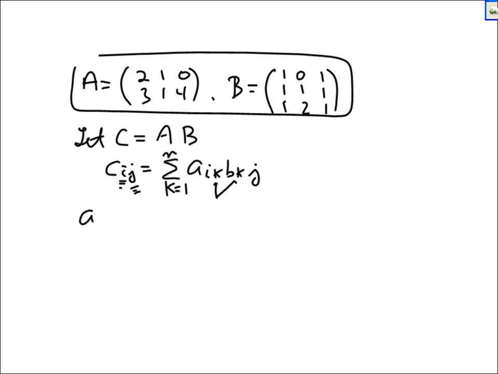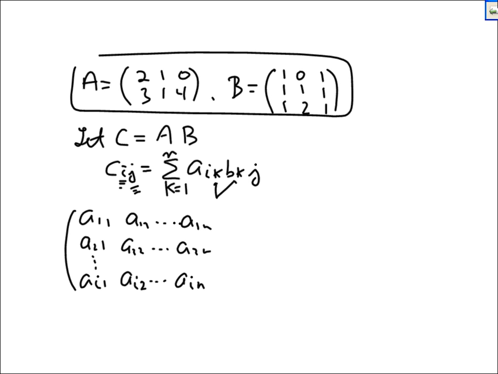If you have A_11, A_12, up to A_1n, and you have A_21, A_22, up to A_2n, and eventually you get to the ith row: ith row first column, ith row second column, all the way up to the ith row, nth column.